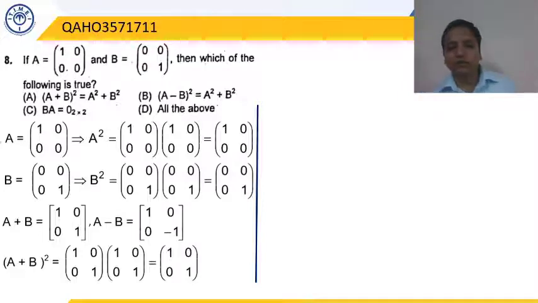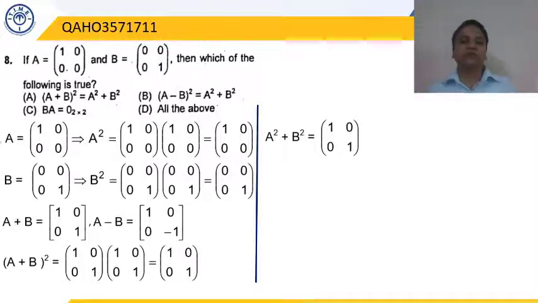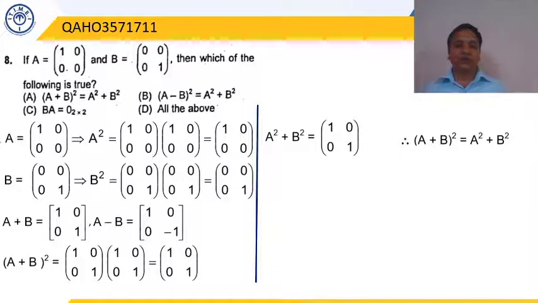When you add these two values, 1 0 0 0 plus 0 0 0 1, it gives again an identity matrix. So both of these are the same. So we can safely say A plus B whole square is equal to A square plus B square in the context of this question. This option A is perfectly correct.